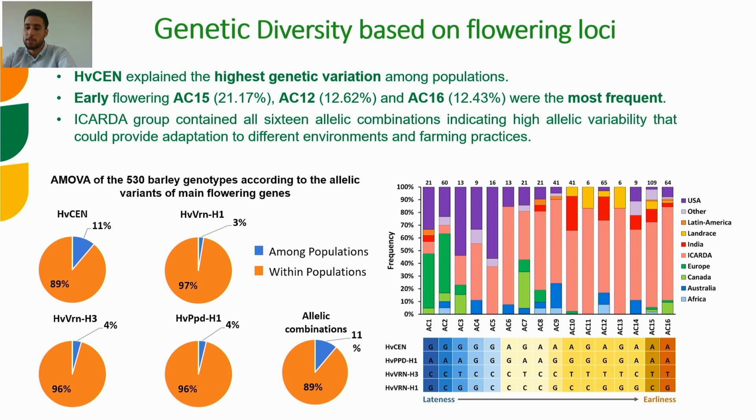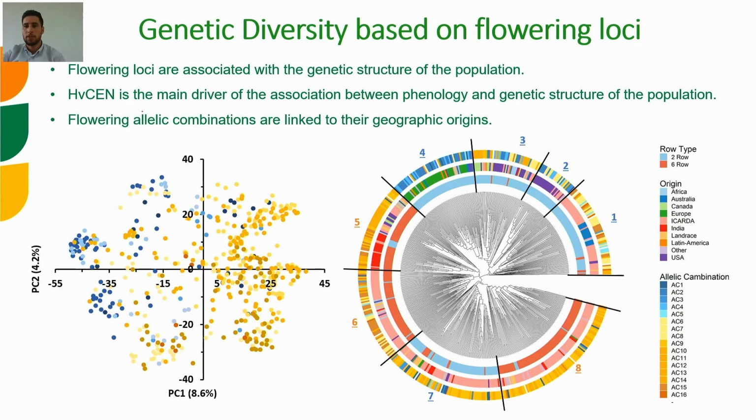We used the phylogenetic tree and the PCA to see the assignment of different allelic combinations to the different identified clusters. The results show that flowering loci are associated with the genetic structure of the population. The 2-row genotypes comprise entries carrying late or intermediate flowering allelic combinations, mostly from USA, Canada, and Europe origins, belonging to the 2nd, 3rd, and 4th groups respectively.